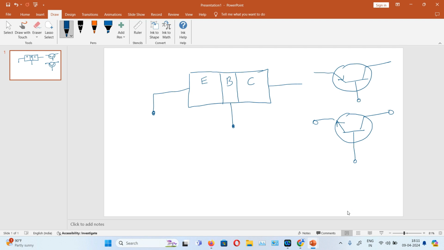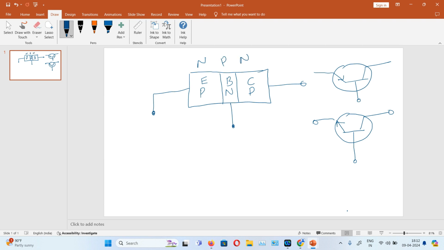Okay. So what happens when a transistor is connected in a circuit? Let it be a PNP transistor or an NPN transistor.